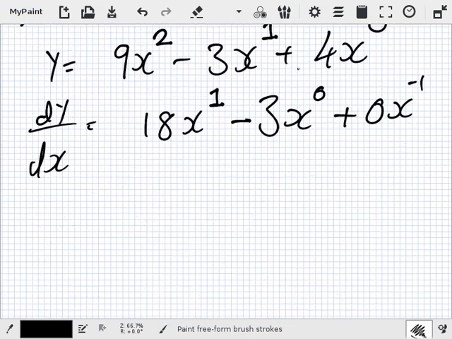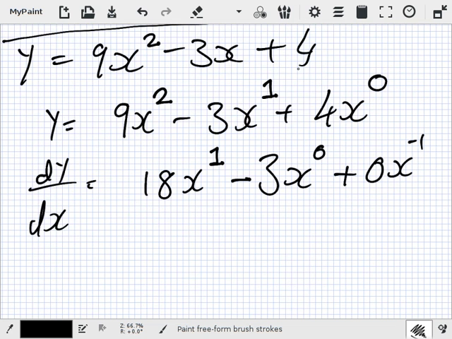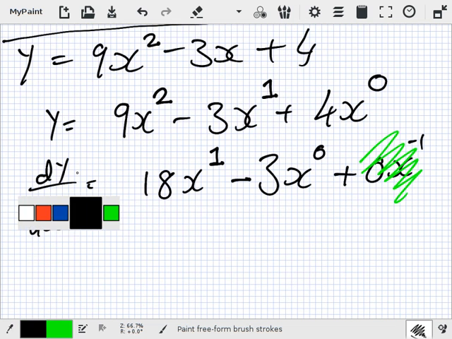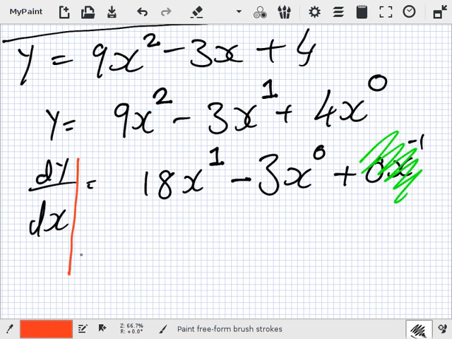Now, which can we cancel here? X. Well, obviously this. And in the question I gave you, what did I say the value of x was? 0. In this one it was 0. Okay, so 18 times 0? What's x to the power 0 actually? 1, so I can get rid of that. So that's all gone.